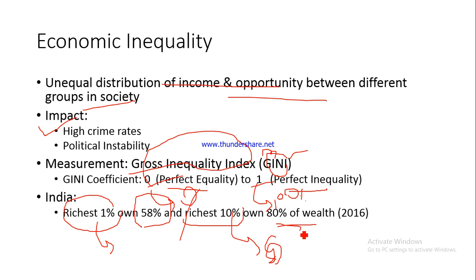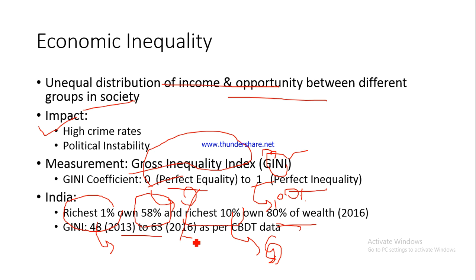So this is one problem that is there with India, and that is why if you look at the Gini index for India, you will find that the rank of India has gone from 48 to 63 as per CBDT data, Central Board of Direct Taxes data, from 2013 to 2016. So the economic inequality in India has increased, and this is the data that we have for 2013 to 16.